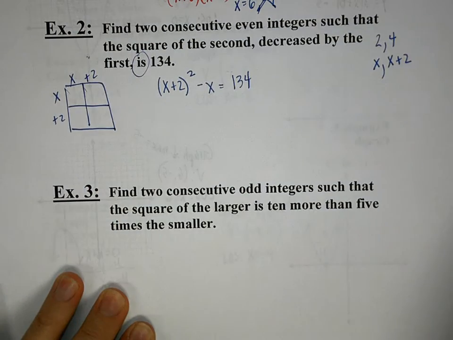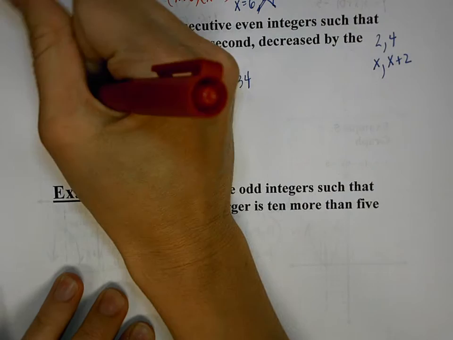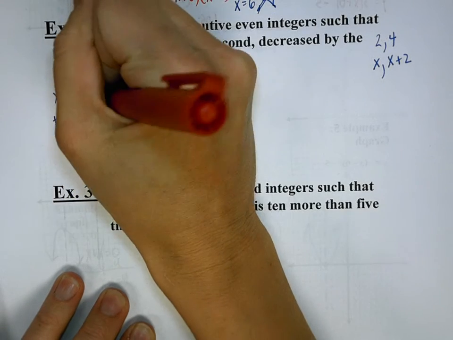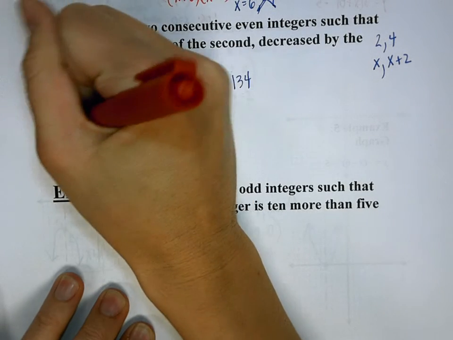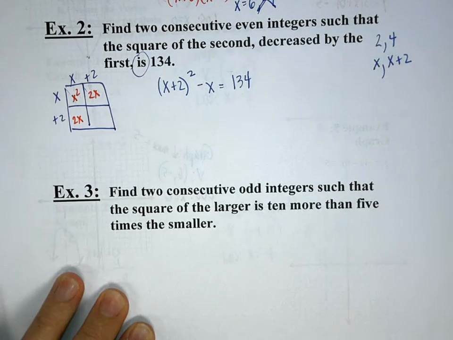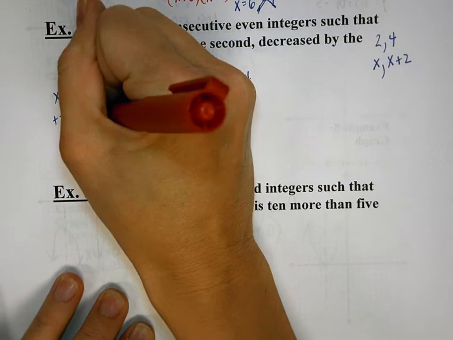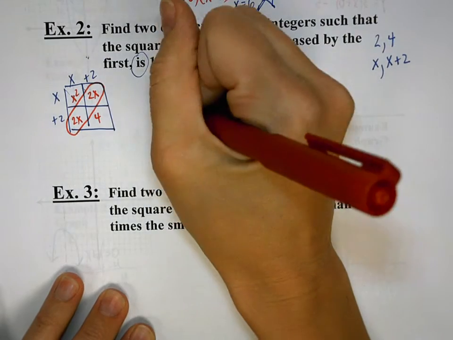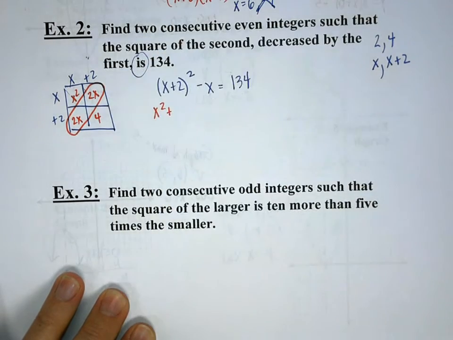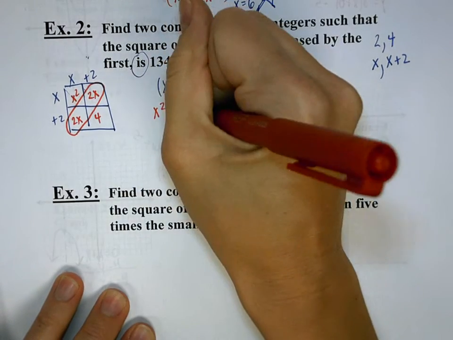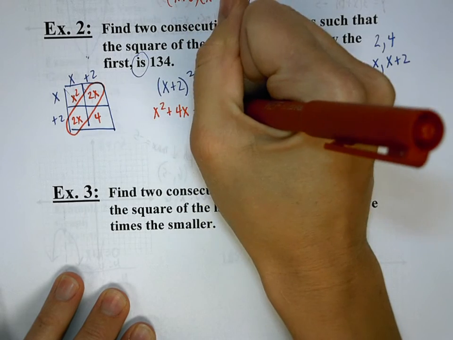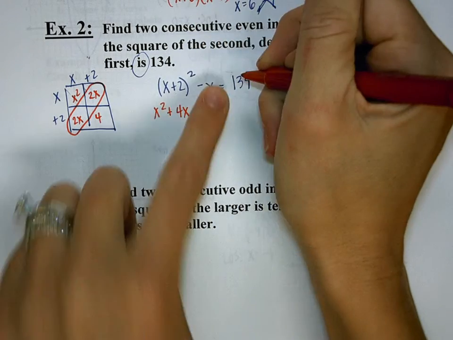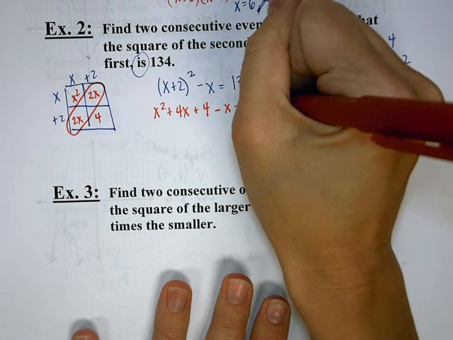When we multiply, x times x is x squared, x times 2 is 2x, 2 times x is 2x, and 2 times 2 is 4. There are like terms in the middle. So I get x squared plus 4x plus 4, and then I still have minus x equals 134.